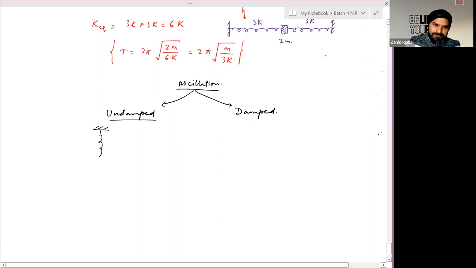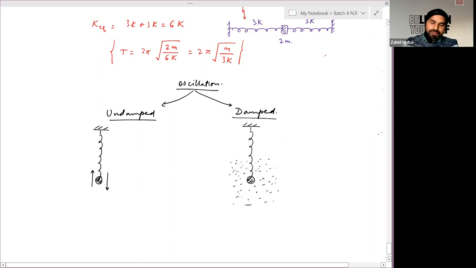Suppose a spring attached with a bob is freely oscillating without any viscous medium. So in this case, its amplitude will be constant. But suppose there is some viscous medium, like any liquid, or air we can say, so this viscous medium will tend to oppose due to its velocity at different points.